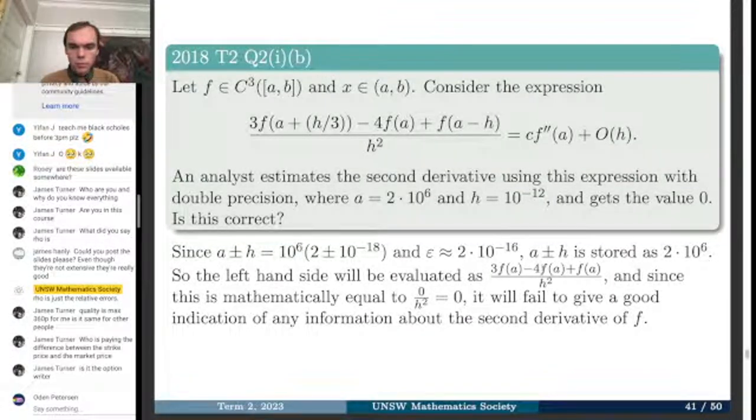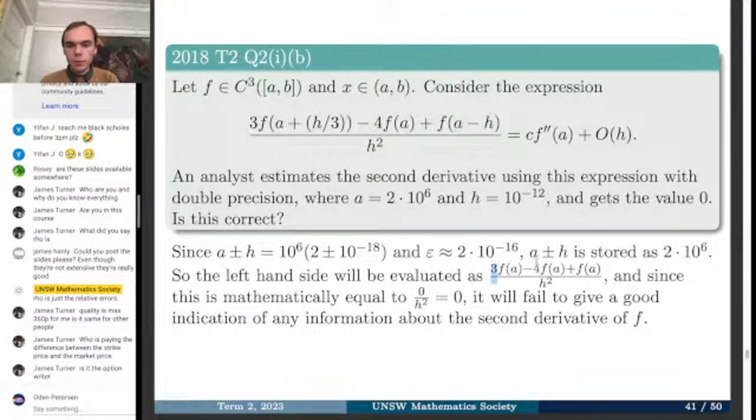So this a plus or minus h is just going to end up being 2 times 10 to the 6. So all of these inputs to the function are actually going to end up being identical in floating point terms.